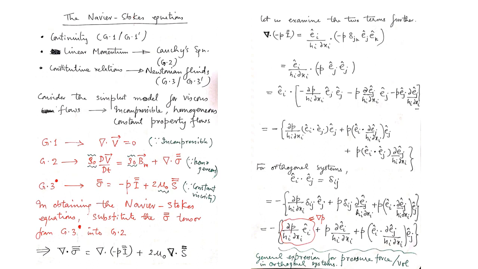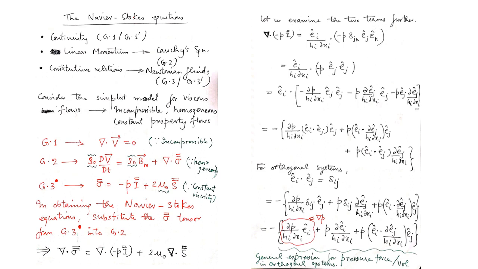So you can say that this form that I have written above for the orthogonal system is the most general expansion that you can get for the divergence of the isotropic part of the stress tensor, minus Pi identity tensor. Now we can continue simplifying this further for orthogonal systems. Ei cap dot ej cap will be again Kronecker delta ij.